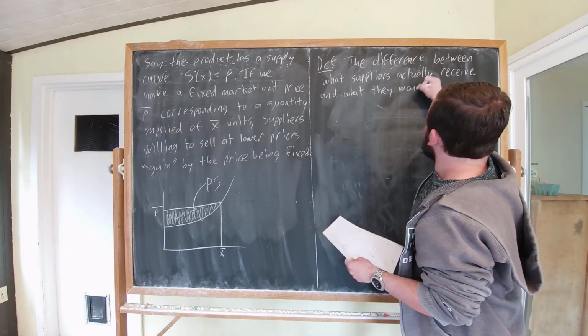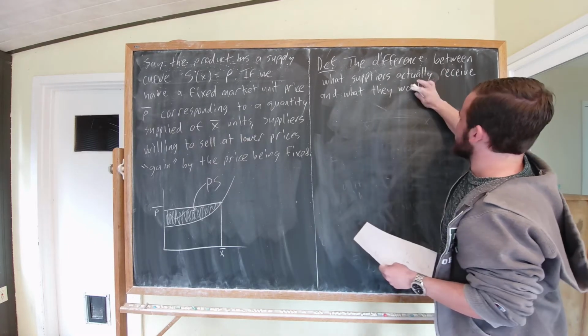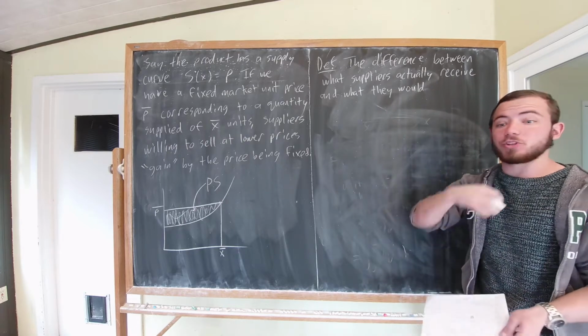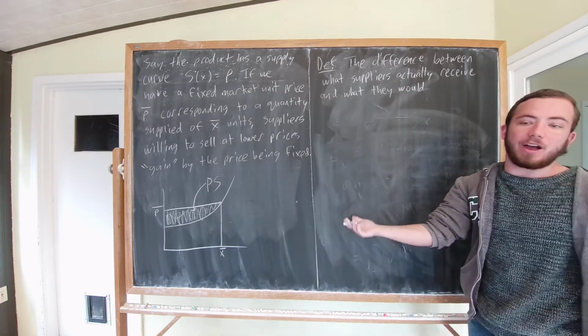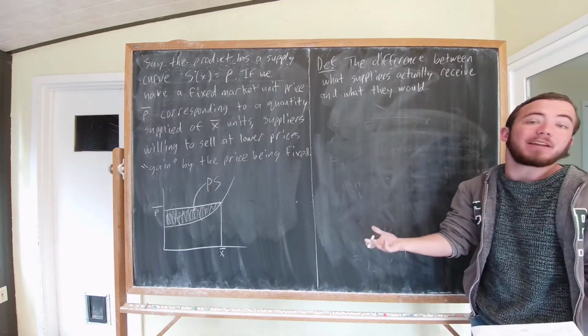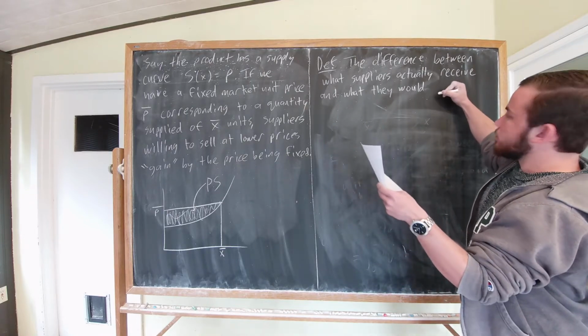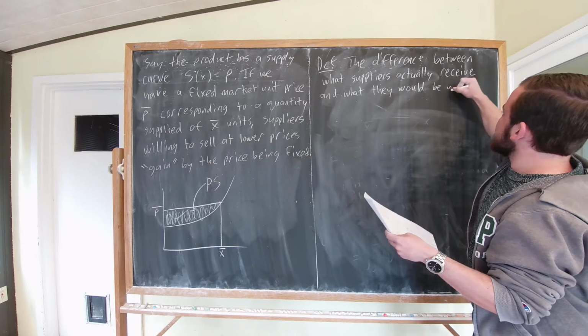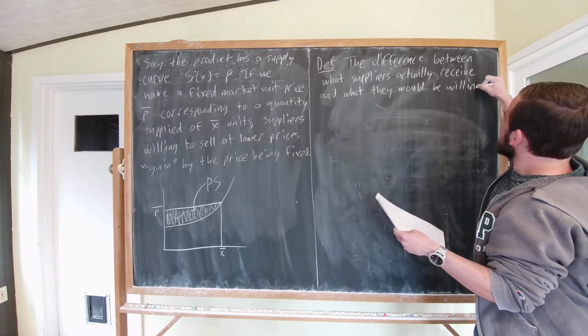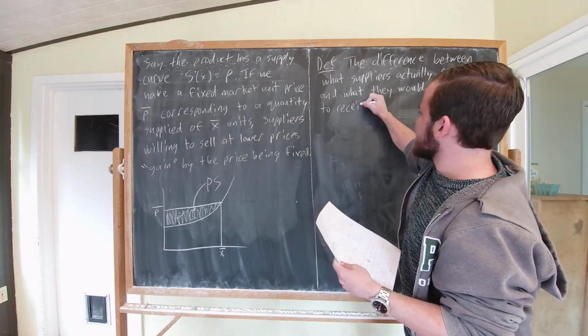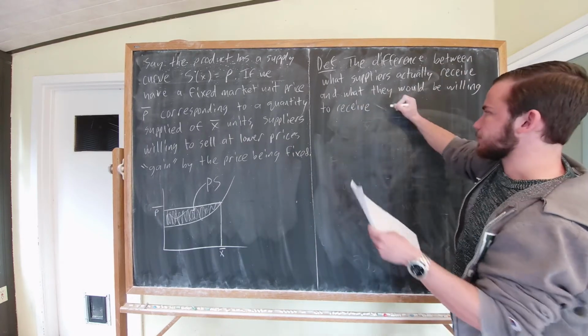Think of, for instance, I don't know if any of you are hagglers, but let's say the seller would have been willing to haggle and you just didn't. They've made money off you, essentially. What they would be willing to receive. Alright, so that delta is called the producer's surplus.